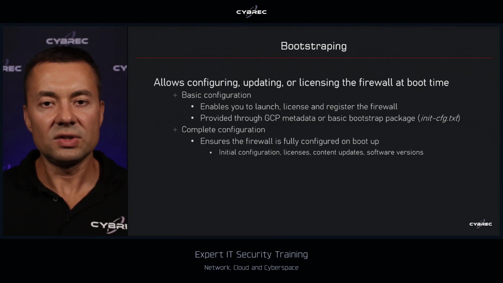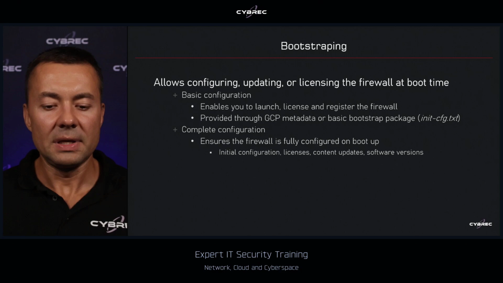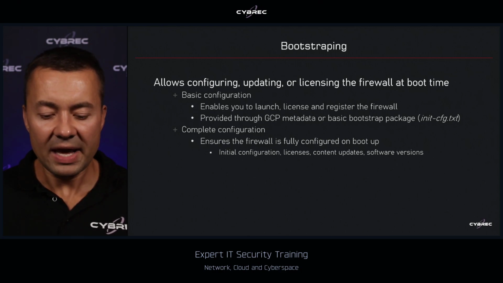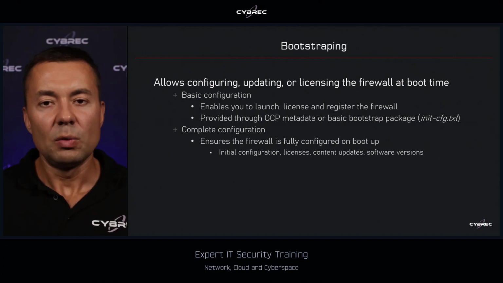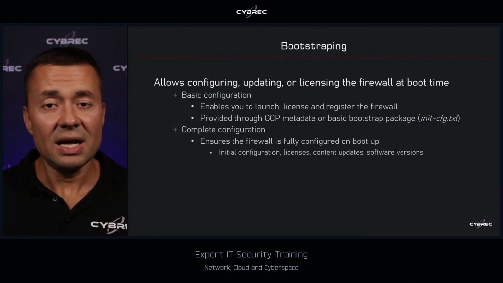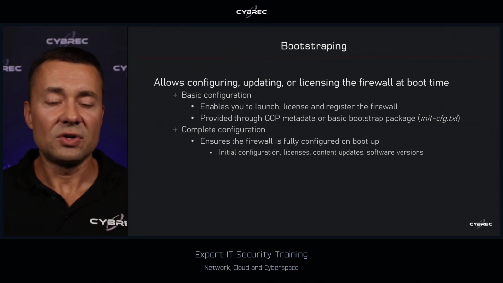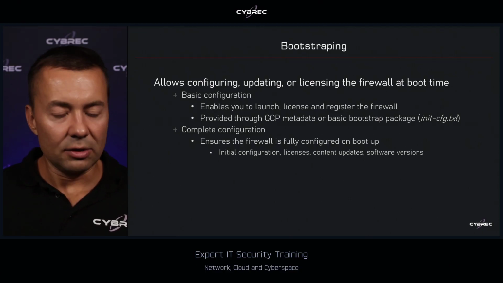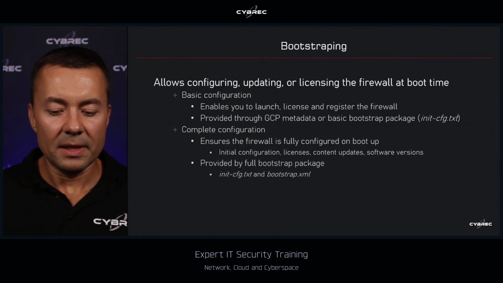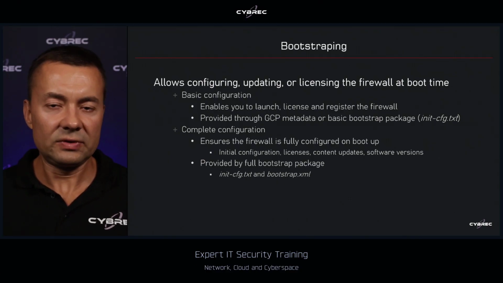So we will install a configuration snapshot, or basically any other configuration we want to install on the firewall. We will make sure the firewall has the latest content updates, possibly plugins, that the software version is up to date, and so on. And complete configuration is provided by a full Bootstrap package.